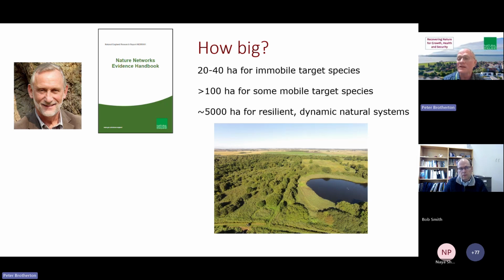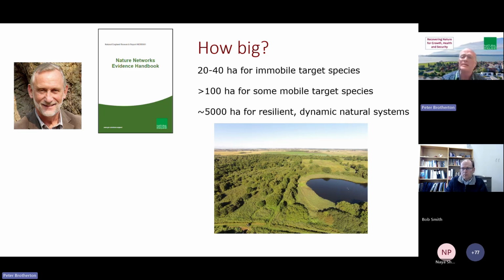More mobile target species, particularly birds, and so on, can get by with about 100 hectares, probably a bit larger than that, as a minimum. And what I'm really talking about here is enough space to support a population that can grow, with enough diversity, with enough aspects of what they need in their life cycle, to complete a life cycle and for a population to grow.